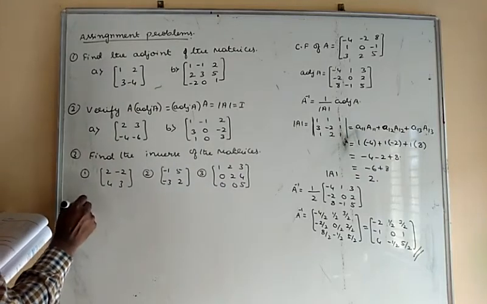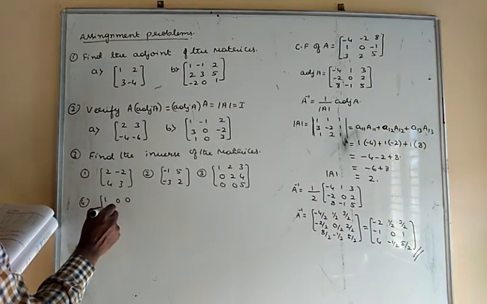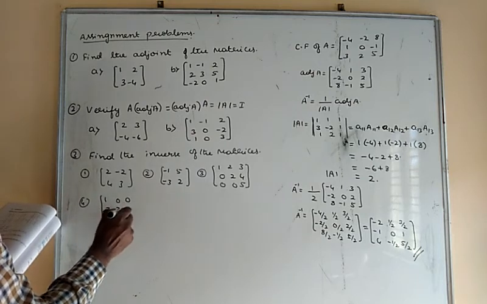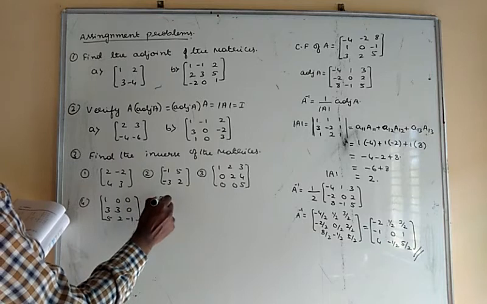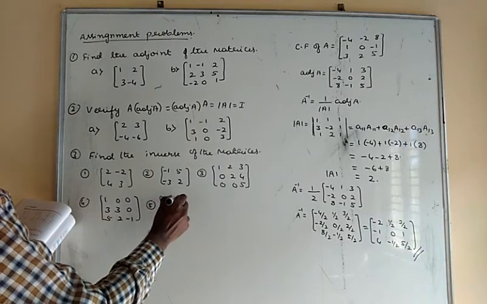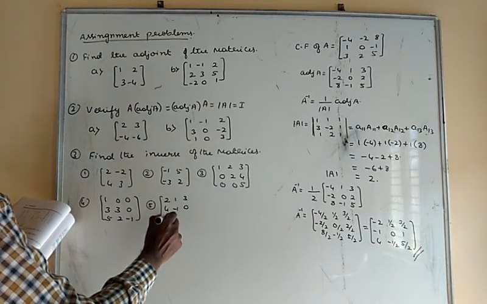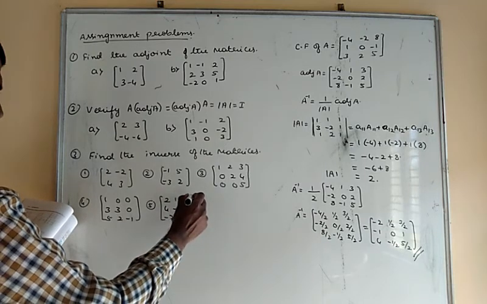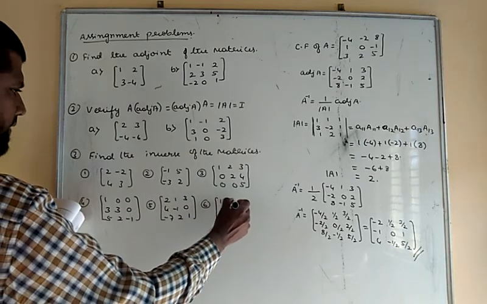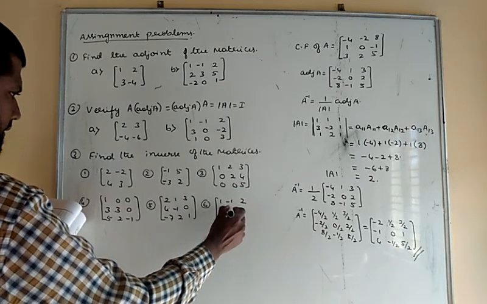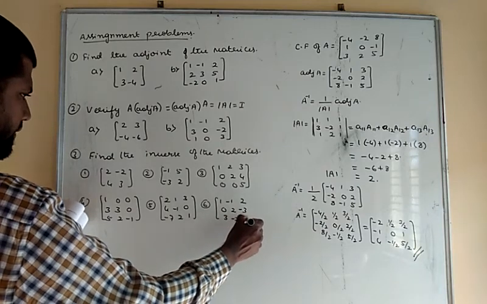The next, fourth one: 1, 0, 0, 3, 3, 0, 5, 2, minus 1. The next one: 2, 1, 3, 4, minus 1, 0, then minus 7, 2, 1. Next problem: 1, minus 1, 2, 0, 2, minus 3, 3, minus 2, 4.